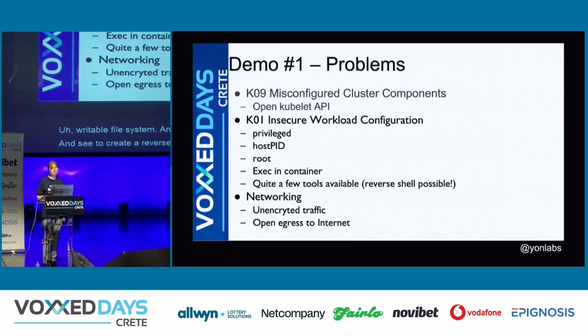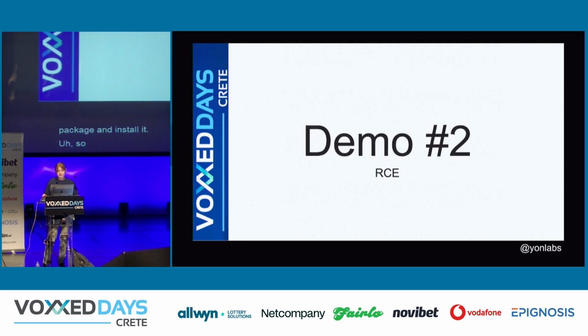So those were the main problems when it comes to K1, insecure workload configuration. And when it comes to networking, we had unencrypted traffic and open egress to the internet. We exploited open egress while installing tcpdump. The package manager had to connect to the internet in order to download the tcpdump package and install it. So those were the main problems.